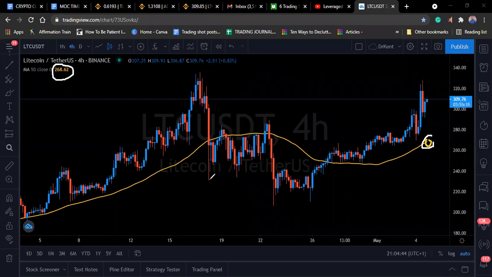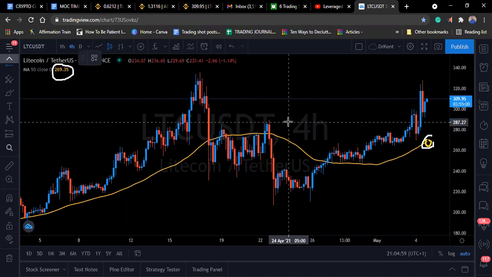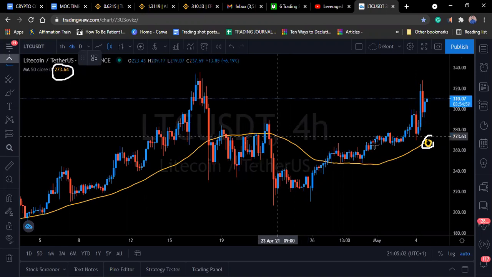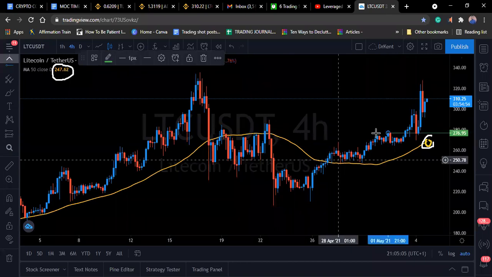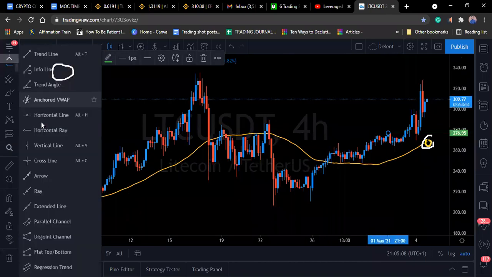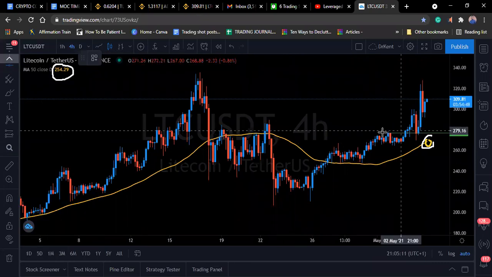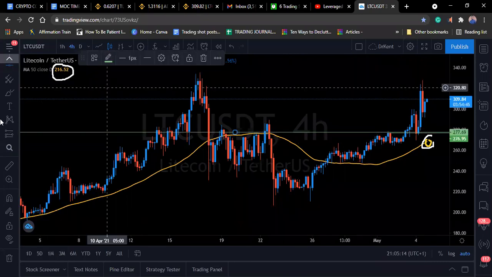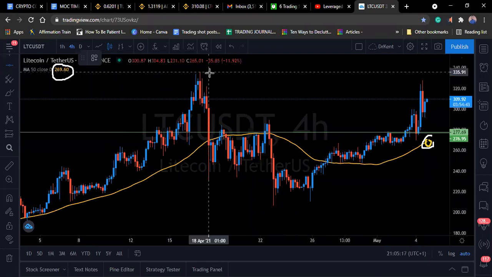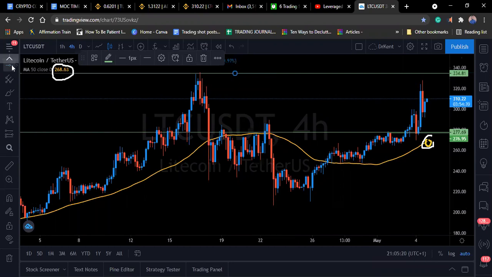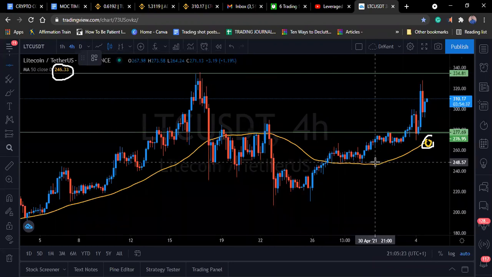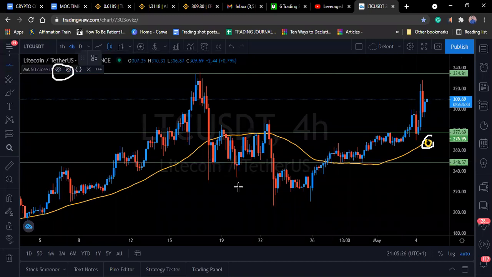And this moving average acts as a dynamic support and resistance. Unlike the other ones we reviewed, which are static, which are fixed, like the horizontal. We have a horizontal resistance somewhere around here, and support, rather. We have another resistance around here. We have a support right around here, and another support right around here.